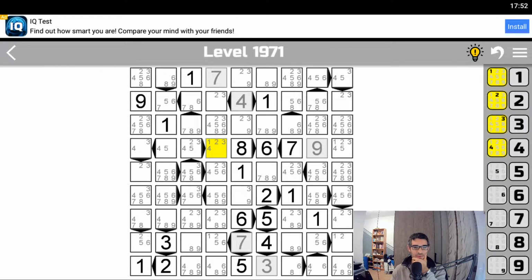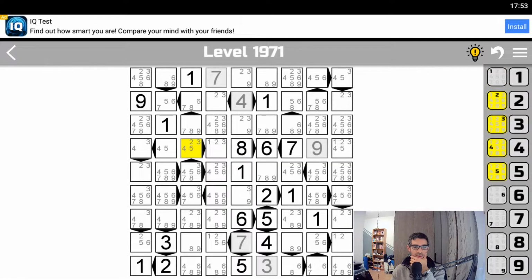Now if I go, oh yeah, I know, this can't be a 4. Because if this is a 4, look what happens. If this is a 4, this must be a 5, and therefore this cell is without any possible numbers. So yeah, this can't be a 4 either. So that's the only thing I can know for sure.